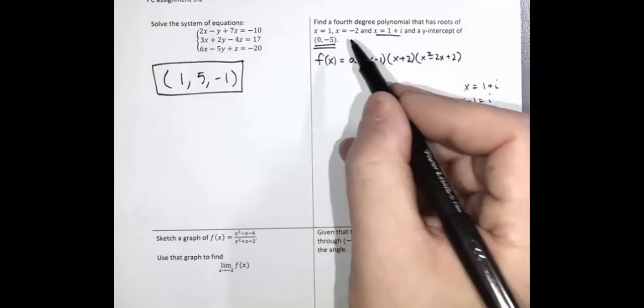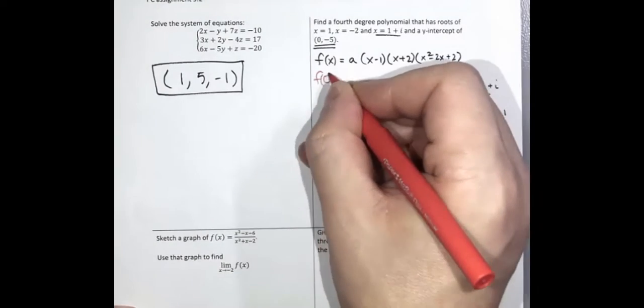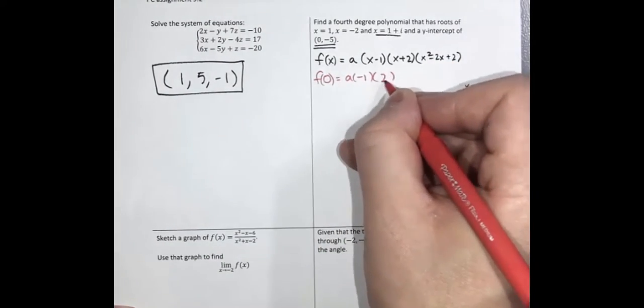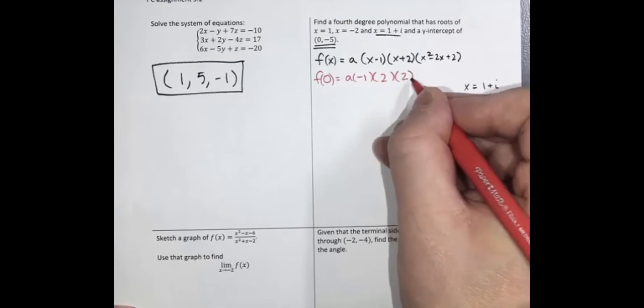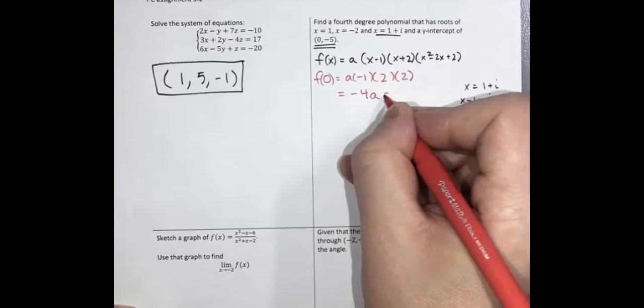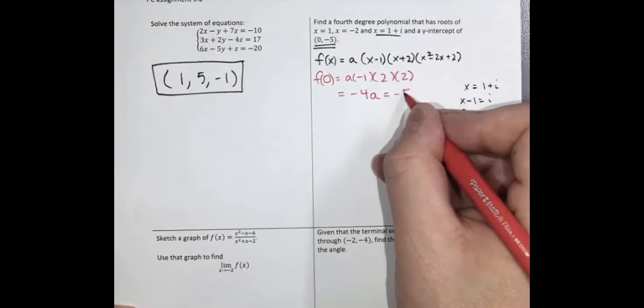Now we had extra information here that said 0, -5 is my y-intercept. So f of 0 is a multiplied by -1 multiplied by 2 multiplied by 2. 2 times 2 is 4, so this is -4a, and that's supposed to be equal to -5.